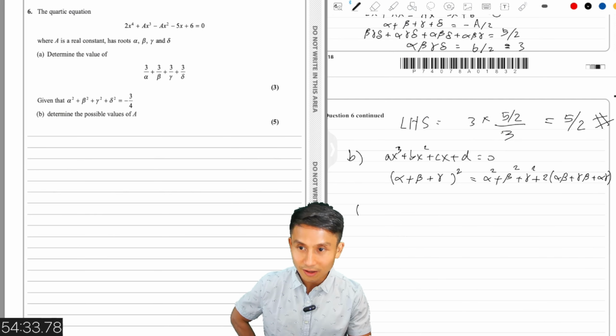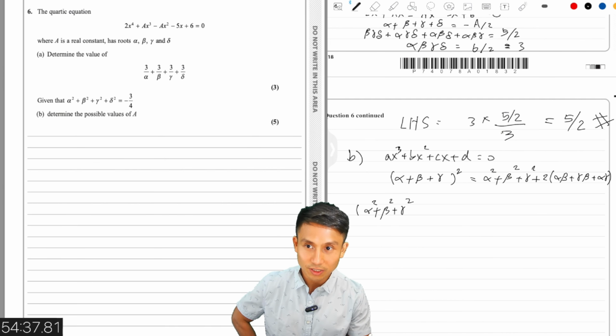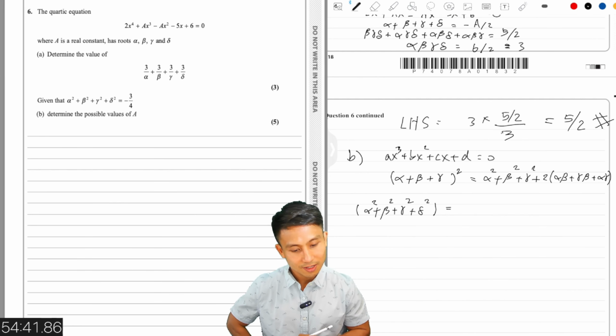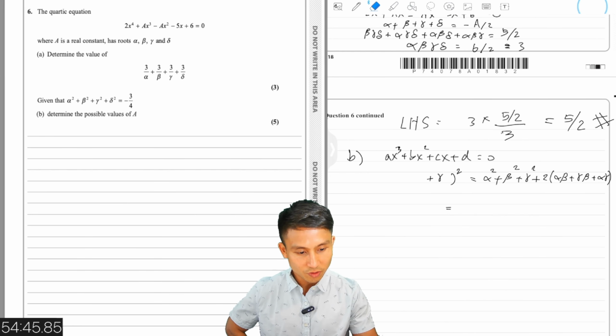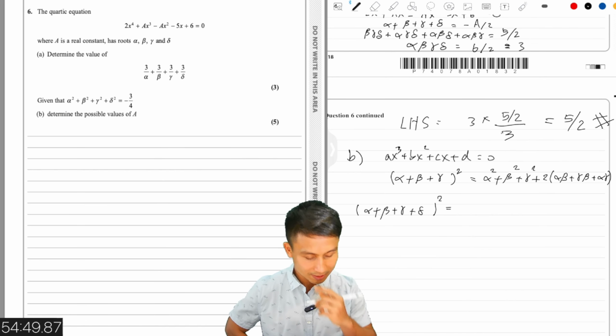So if I have alpha beta gamma squared and delta squared like that, let me just do the binomial coefficient first, right? This is like square like this.